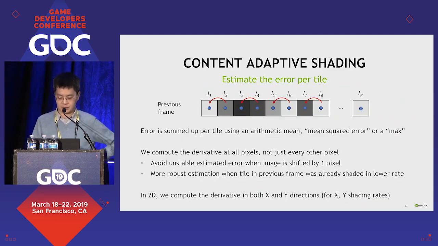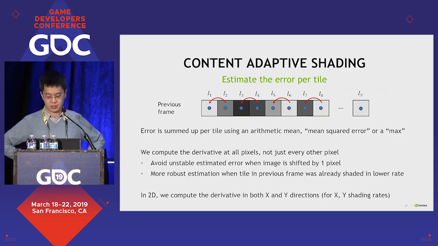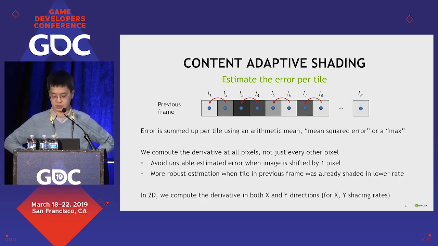The average error in a tile can be an arithmetic mean, a mean squared error, or a max of the derivatives. One thing to note is that we compute the derivatives at all pixels, not just every other pixel. One reason is that we want a stabilized result, not something that will change drastically when the image is shifted by 1 pixel.